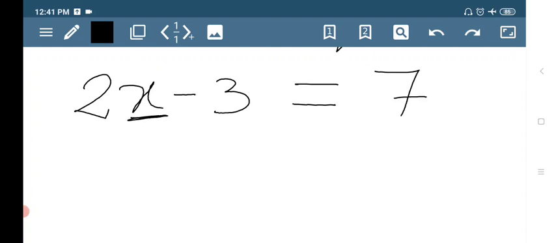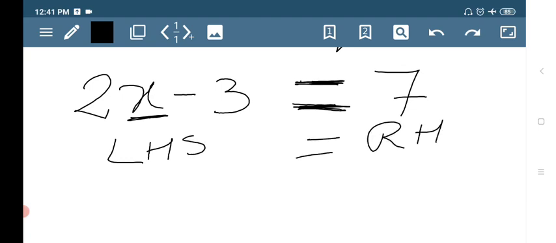We need the value of x, right? What is the meaning of equals to sign? It means that LHS is equals to RHS.